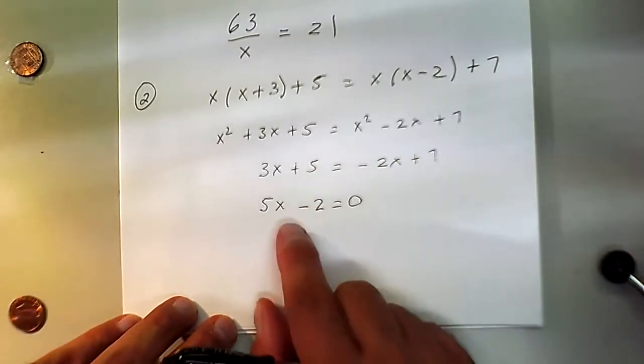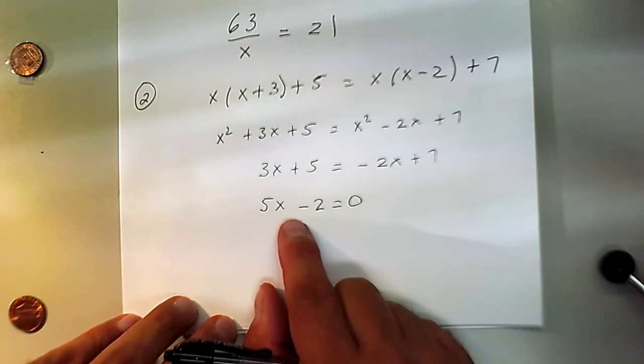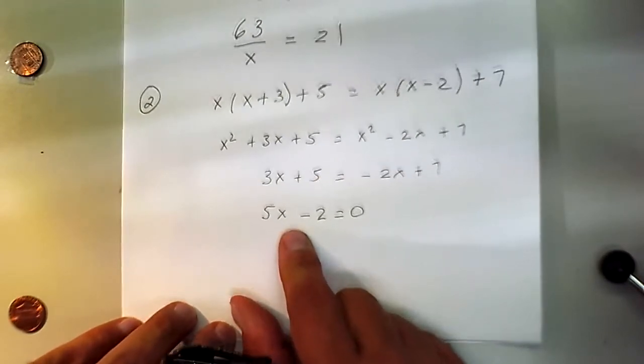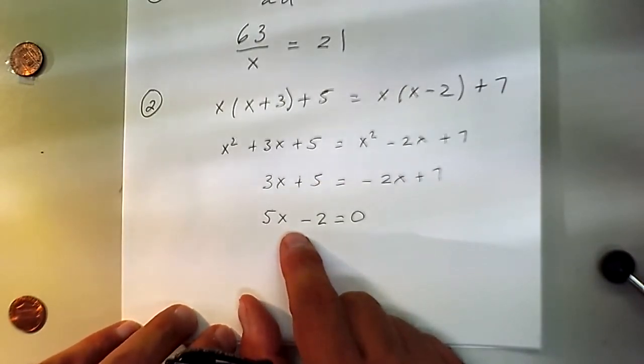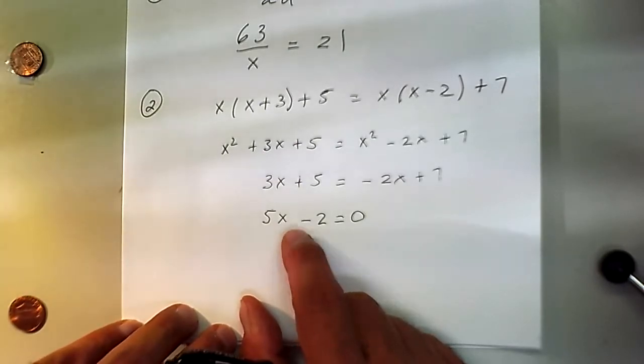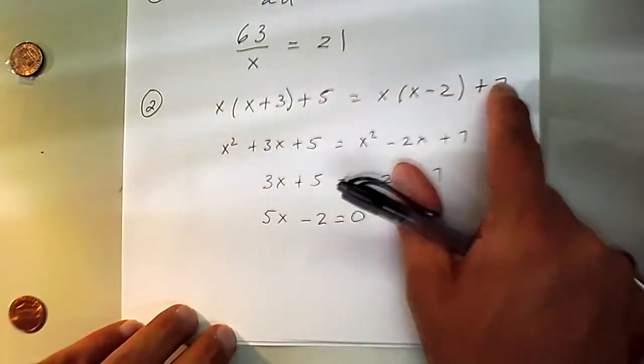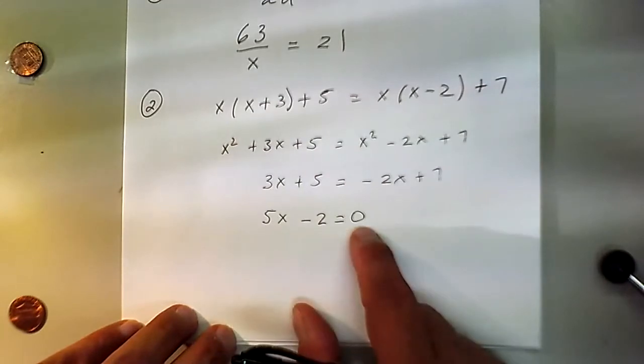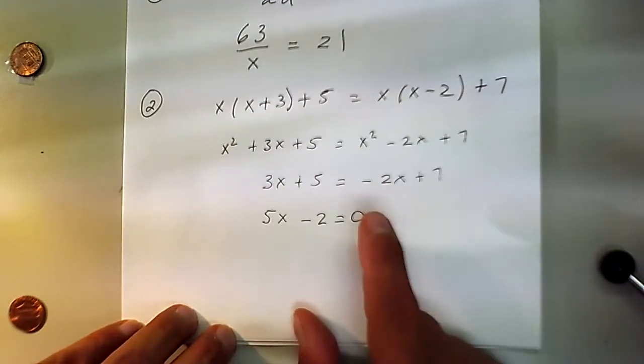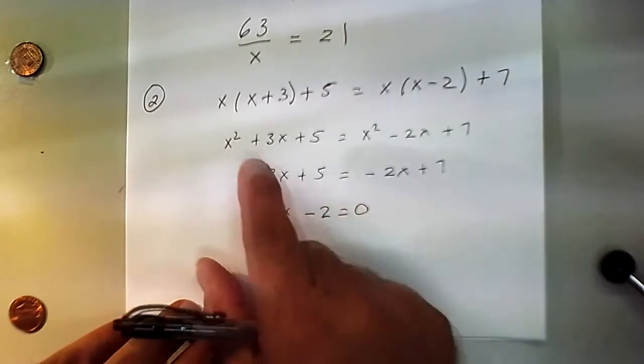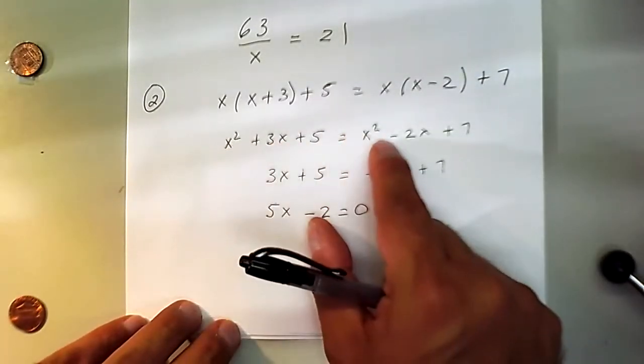I only want to show that this is a linear equation. I don't want to show how to solve it. I just want to know whether the original equation is a linear equation, and the answer is yes. But some of us may be thinking, wait a minute, there's an x squared.